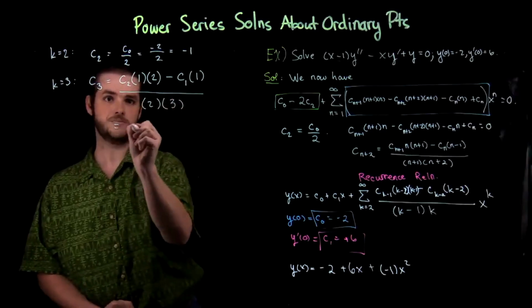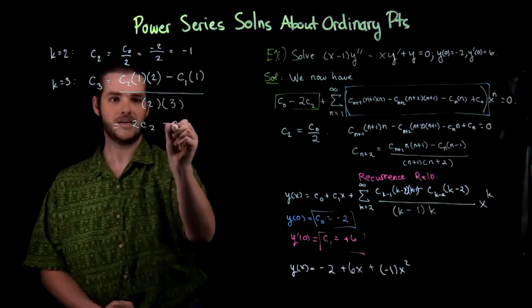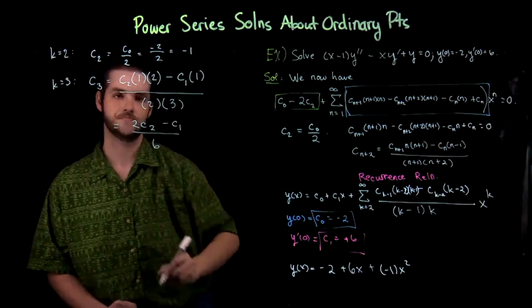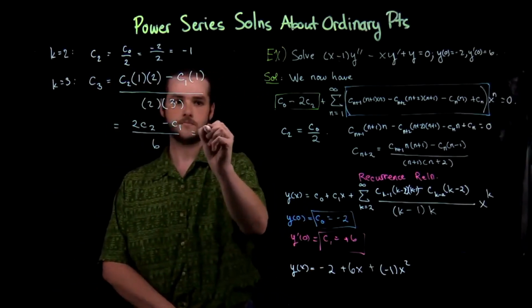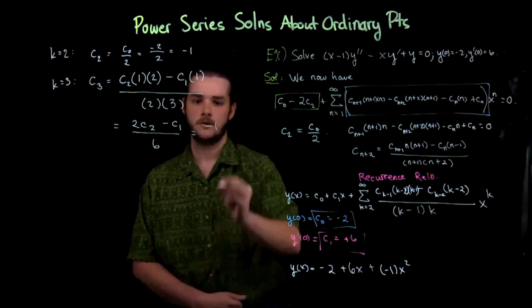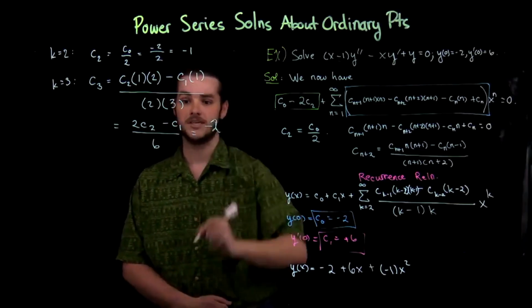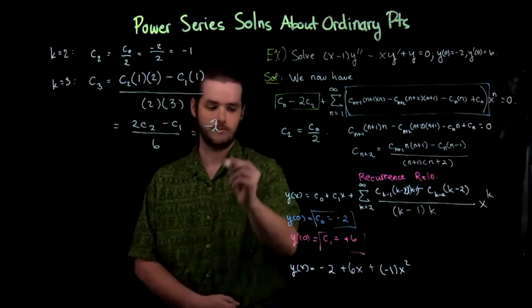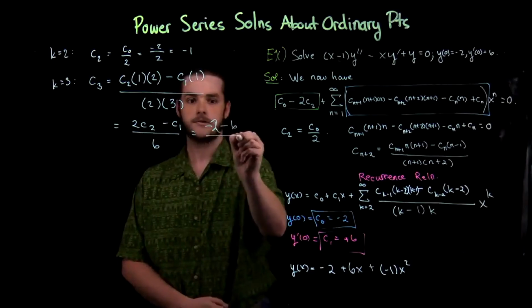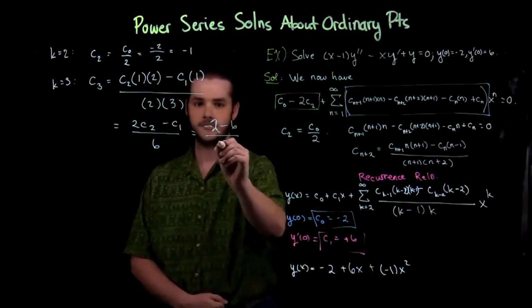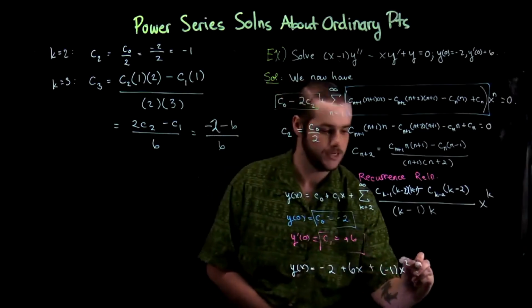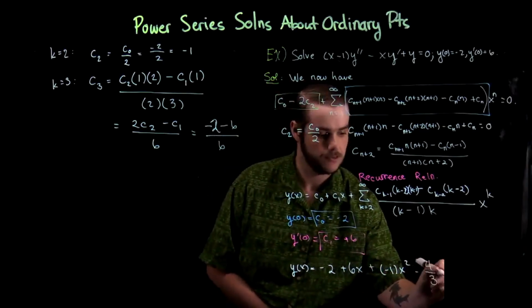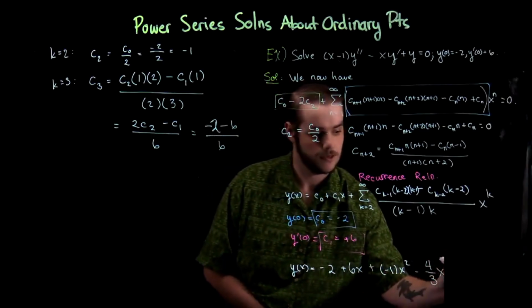Or in other words, it should be 2c2 minus c1 over 6. c2 is -1. So I get -1 times 2 minus c1, which is 6, over 6. Or -8 over 6. That simplifies to -4 over 3 x cubed, and so on.